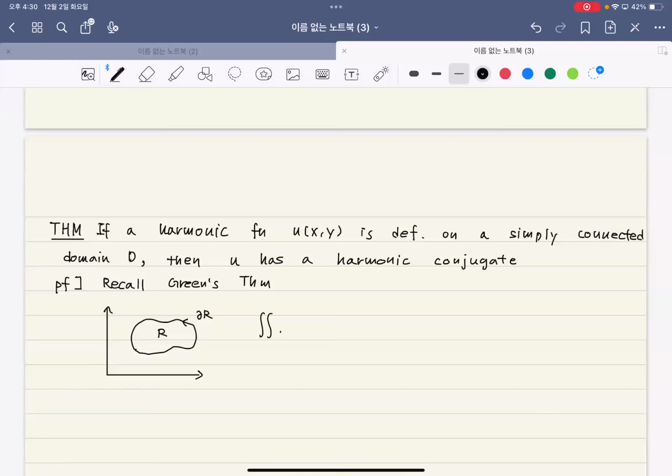It says the double integral of this minus that is the same as the line integral of this differential one-form, right?